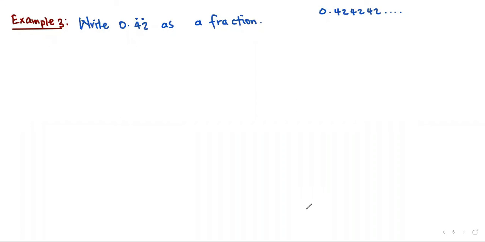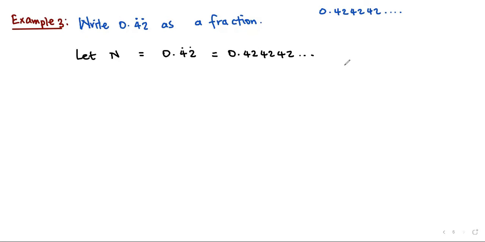So we will say that let n, like what we did in example 2, equal 0.42 repeating. But remember, 0.42 with 42 repeating is the same as 0.424242 repeating endlessly.